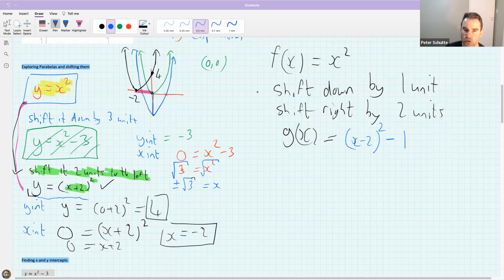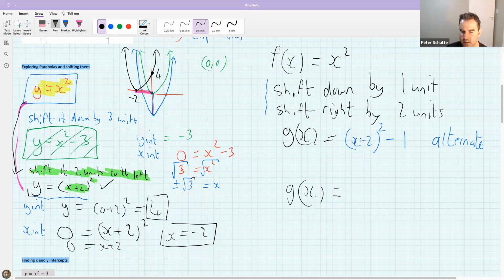So if I apply this shift, I get that one over there. Now, this is what we call the alternate form. There are different ways of writing parabolas. I want you guys to write this in what's called standard form. And the way you're going to need to do that is break apart this bit by multiplying it out. So over to you.